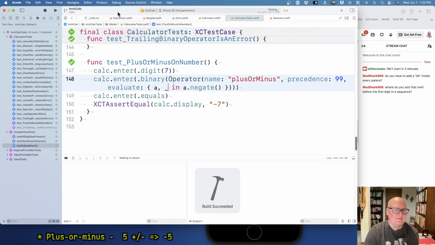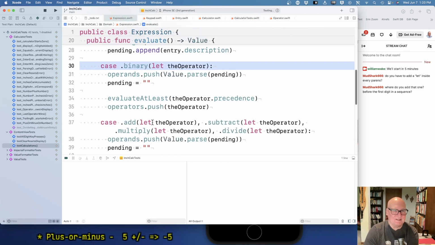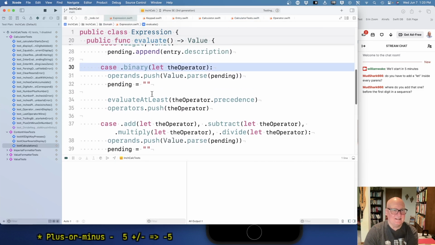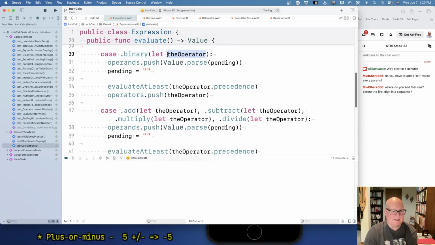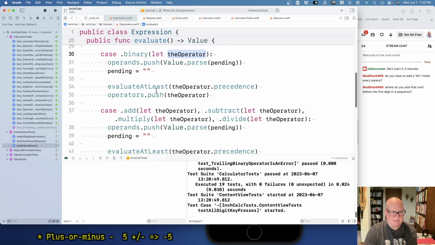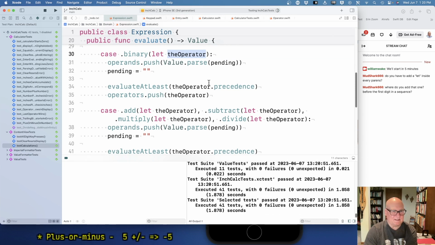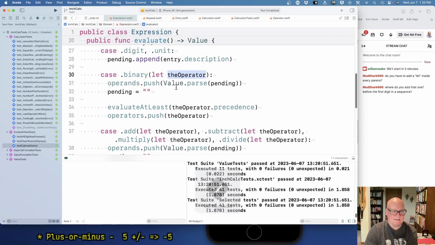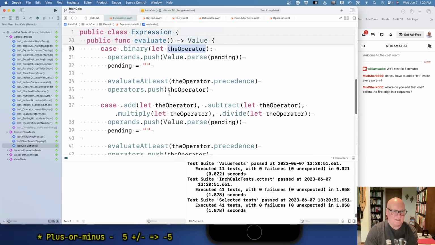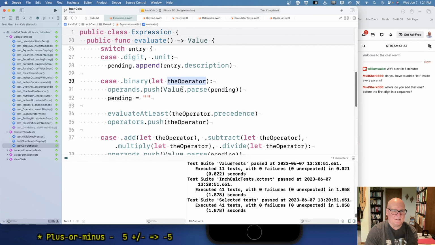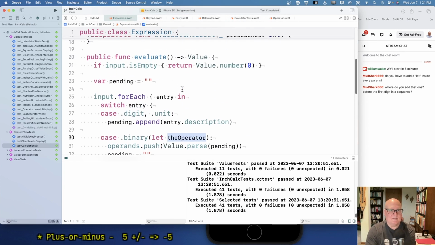Because something's fishy. Expression, it's going to push any values that are pending. Clear out pending, okay. Then it evaluates at least precedence. And it pushes the operator. Okay, so it pushes. Wait a minute.